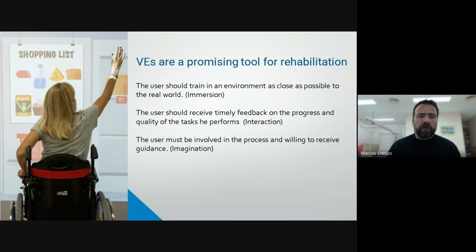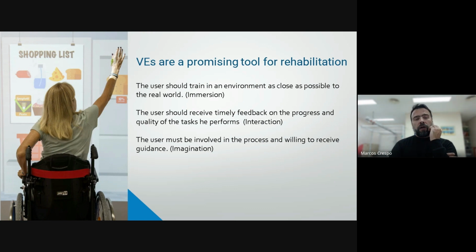Then the quantity of interaction, but this interaction also has to give the patient feedback and some sense of progress. This is the I of interaction, and the user must believe in the story that the activity tells during the rehabilitation.